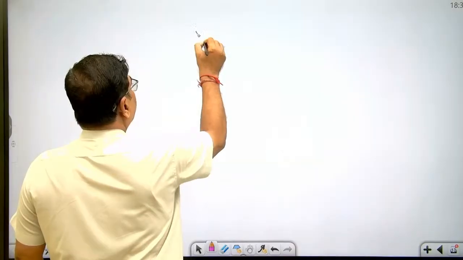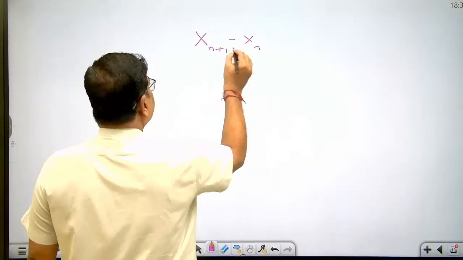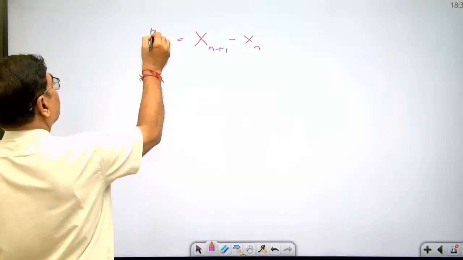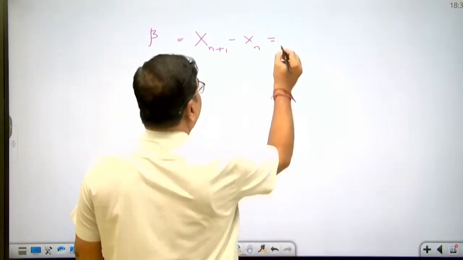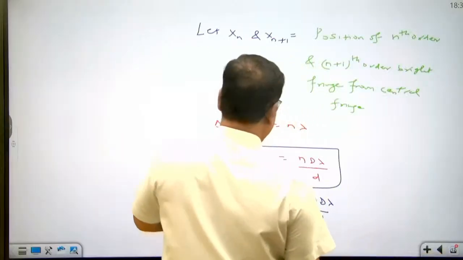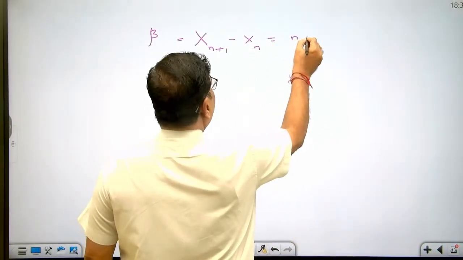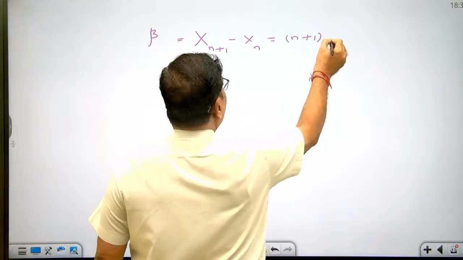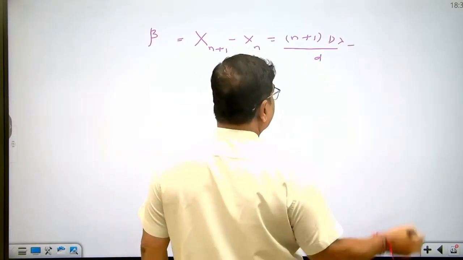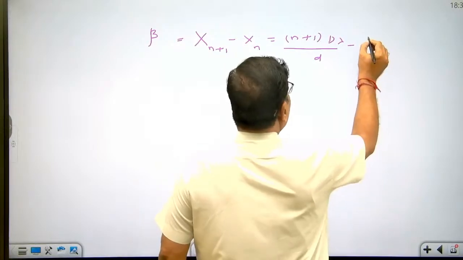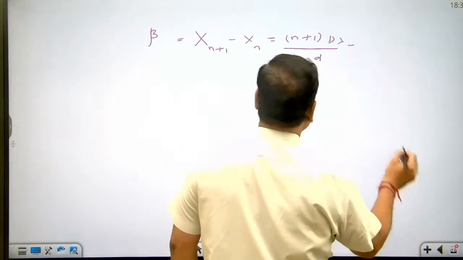So here xn plus 1 minus xn is the fringe width, okay? See here, this is (n plus 1) D lambda upon d minus n D lambda upon d.